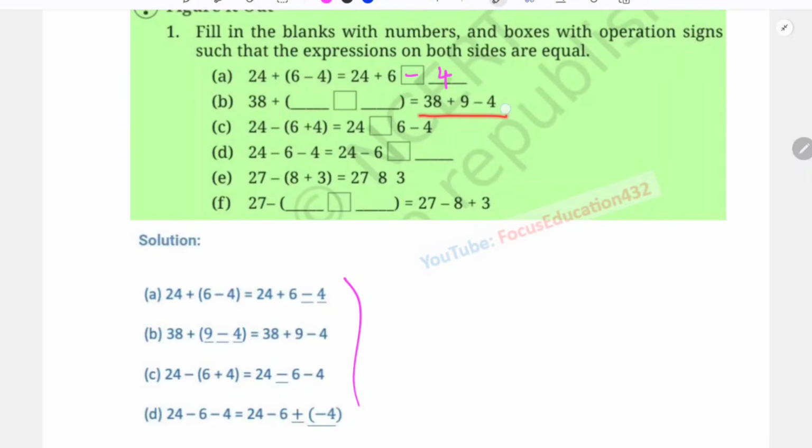So the right side is given to us complete: 38 plus 9 minus 4. By seeing this we can write 38 plus 9 minus 4. So when you keep the bracket or open the bracket for the plus sign, there will be no change.